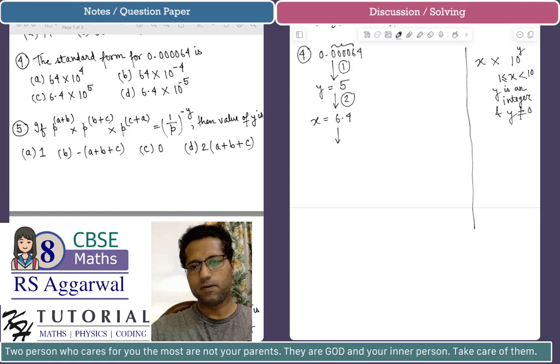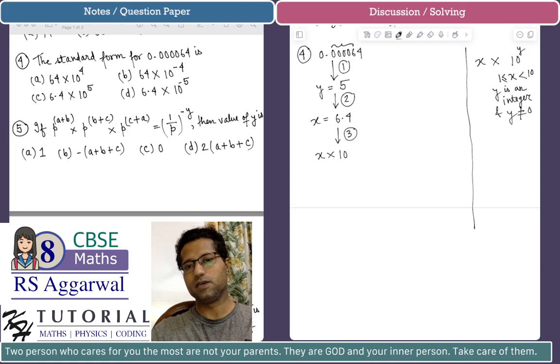As a final step, I have got x, I have got y, so the number in standard form will be, now please bear in mind, whenever we are expressing a very small number in standard form, the format will be x multiplied by 10 to the power minus y, not y.